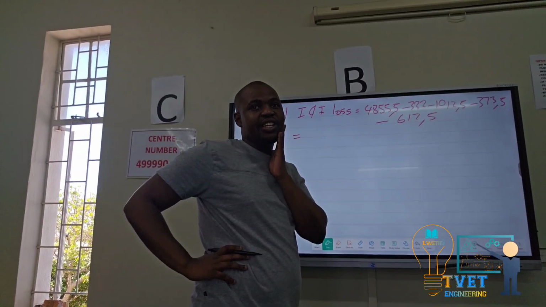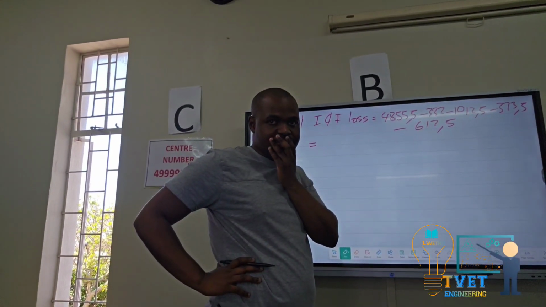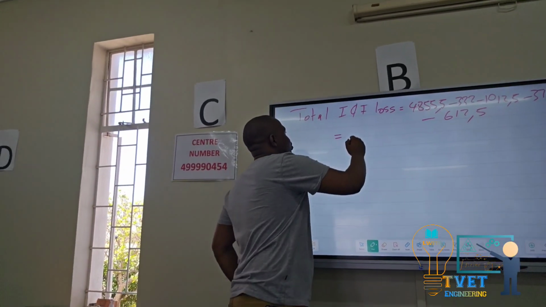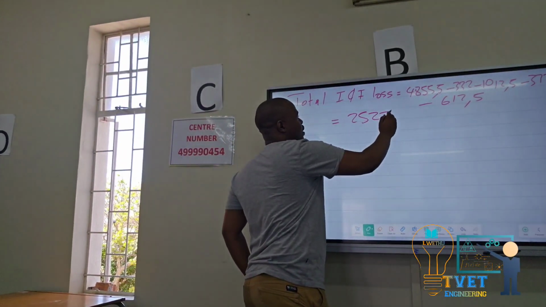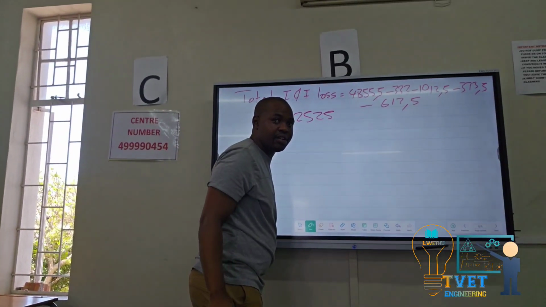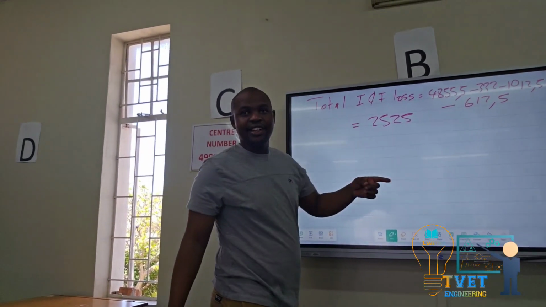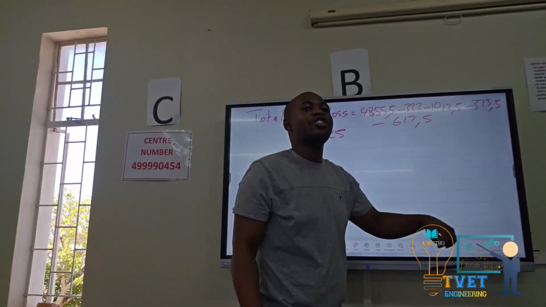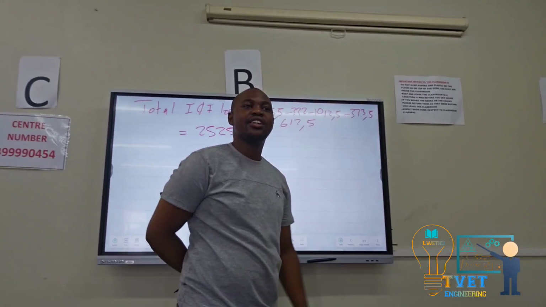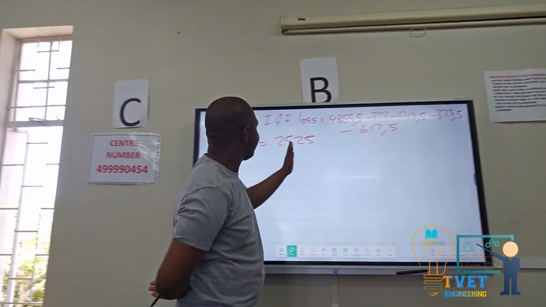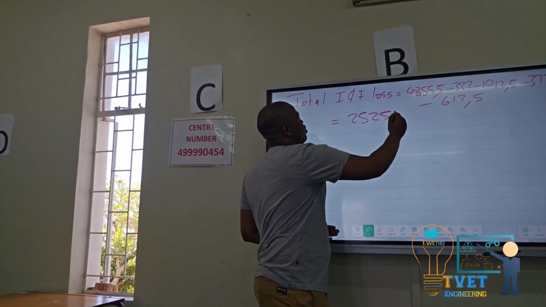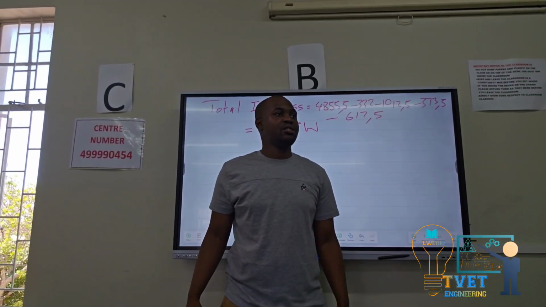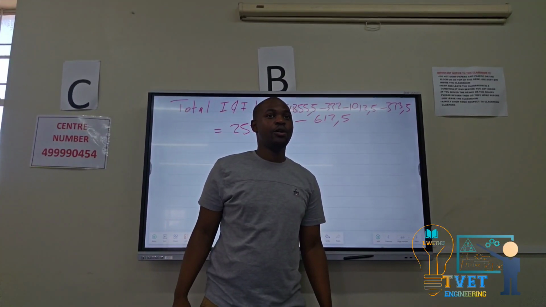What answer am I getting? 2525. That means the iron and friction loss is divided equally between the generator and the motor.